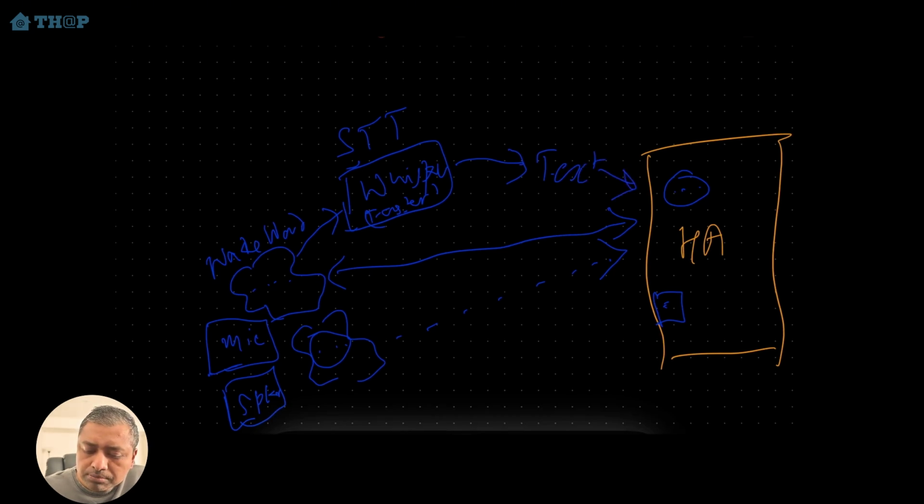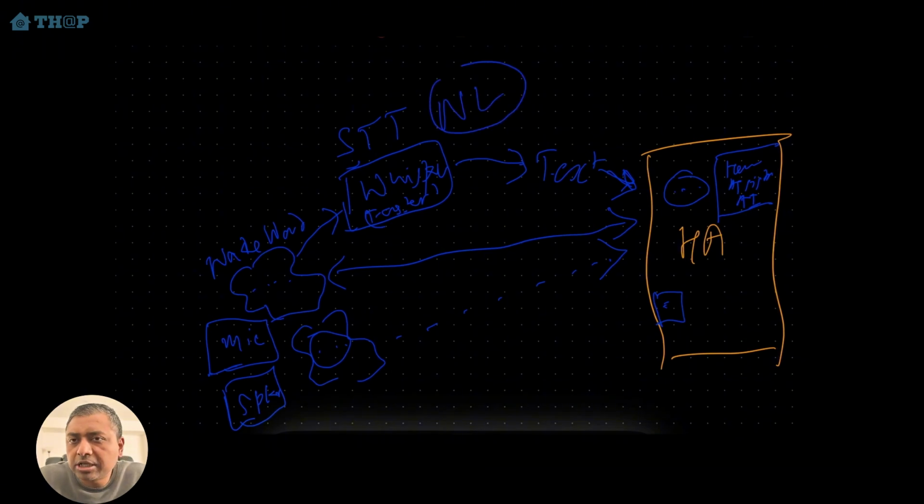Now on the server we have a Home Assistant AI service, and that is needed because what we say is not necessarily going to be in a strict structured format. The Home Assistant application will ideally only understand certain sets of instructions which it is programmed for, but what we are saying comes under the category of natural language, so it's not something which the server can understand or can be programmed for.